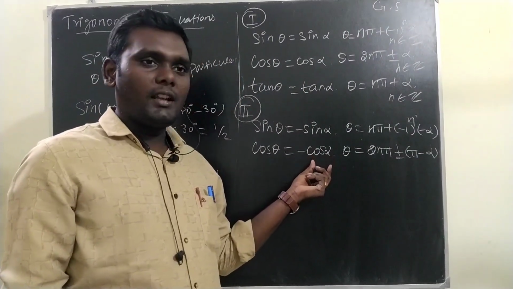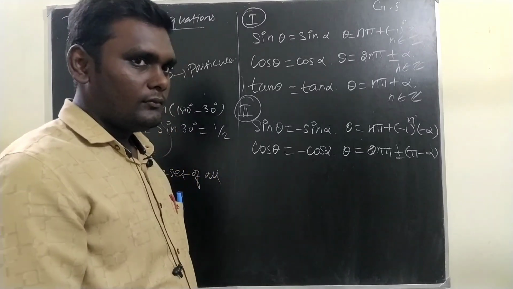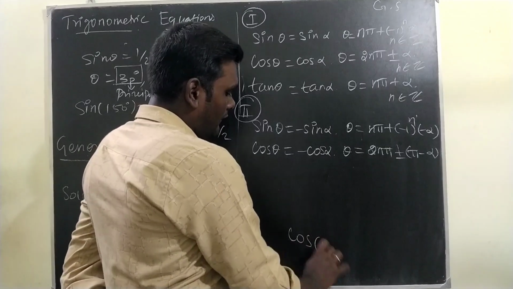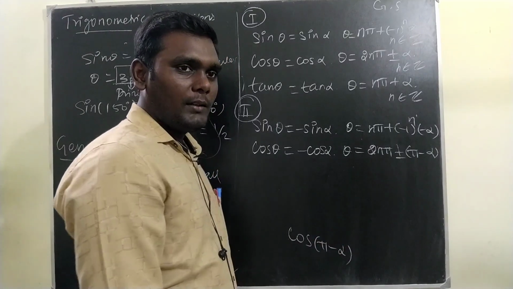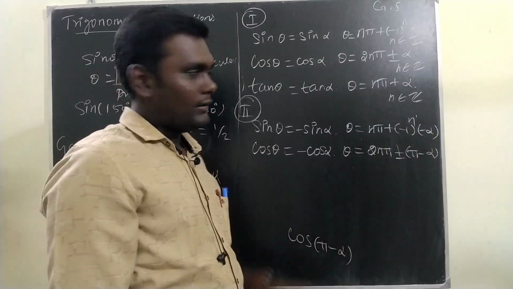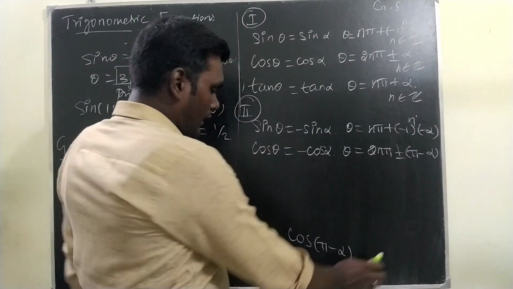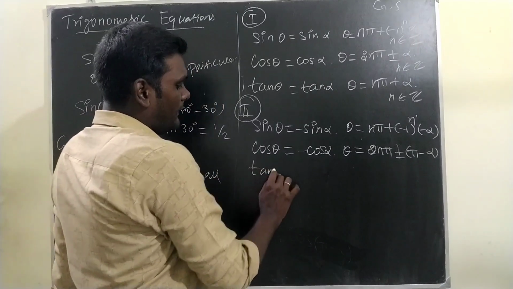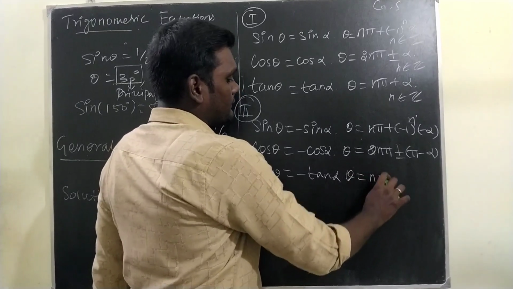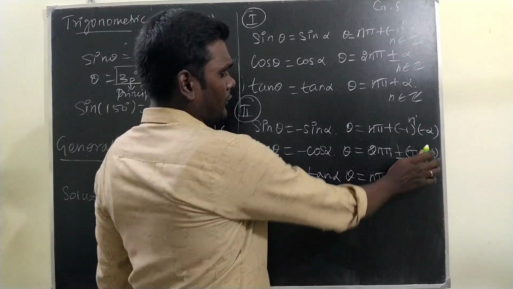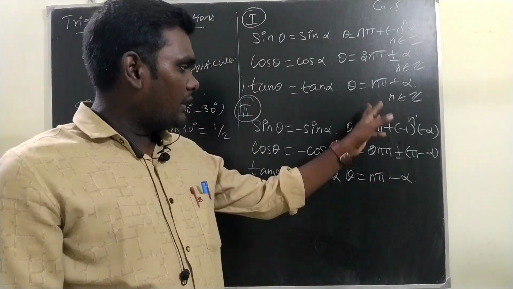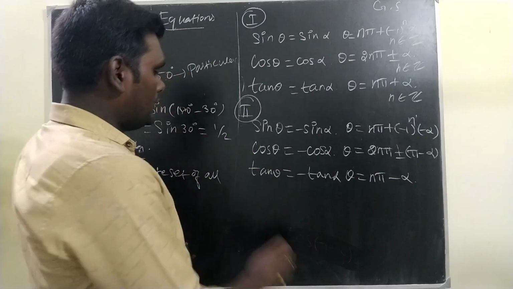This minus cos alpha we can write as cos of pi minus alpha, using allied angles. So again, using the general solution of that, we may use it like this, derived from that one only. Likewise, tan theta equals minus tan alpha, then theta equals n pi plus minus alpha. That is it. Where n is an integer everywhere.